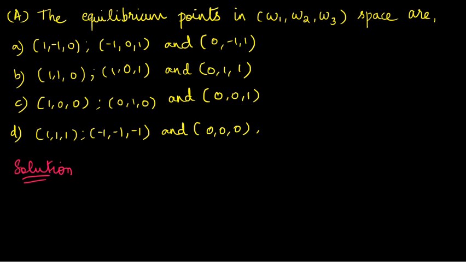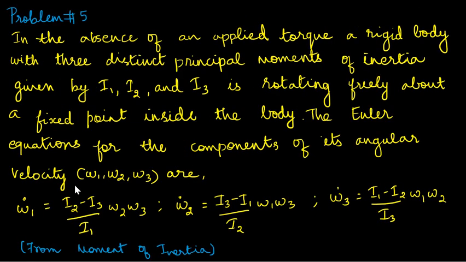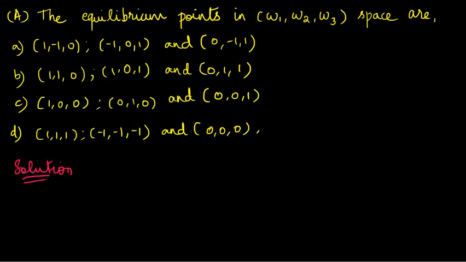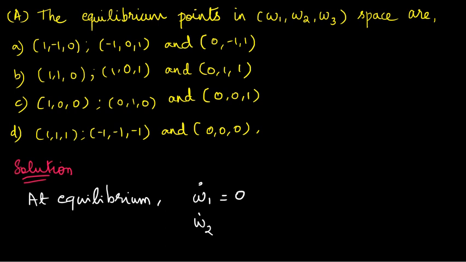Basically, from our Euler equations, we have omega 1 dot, omega 2 dot, and omega 3 dot. Just note it down; it is important. Now at the equilibrium position, omega 1 dot will be 0, omega 2 dot will be 0, and omega 3 dot will be 0.